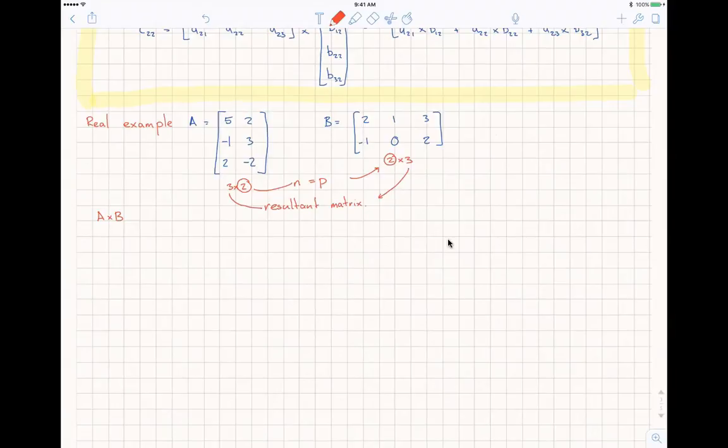So what we're looking for is some A times B, which will give us some matrix 3 by 3. So it'll be C11, C12, C13, C21, C22, C23, C31, C32, C33.